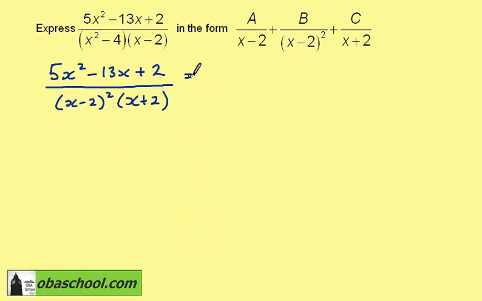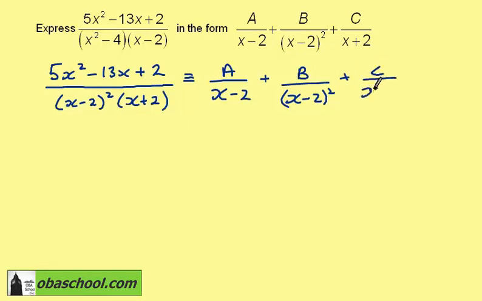So the 5x squared minus 13x plus 2 over (x minus 2) all squared times (x plus 2) is going to be expressed as a over x minus 2 plus b over x minus 2 all squared. And these first two terms, remember, are how we deal with the repeated factor, plus c over x plus 2.